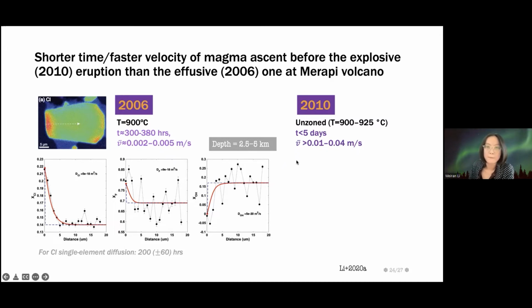Which I guess makes sense because explosive eruptions are expected to have faster magma ascent. These are also consistent with magma extrusion rates observed for the 2 eruptions, where for the 2010 eruption, the magma extrusion rate is 10 times faster than that in 2006. So consistent with what we observed using apatite.